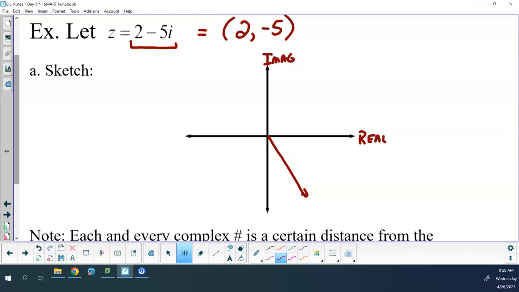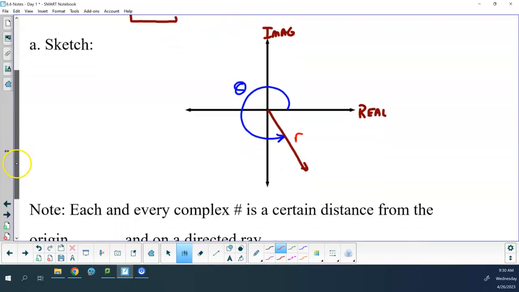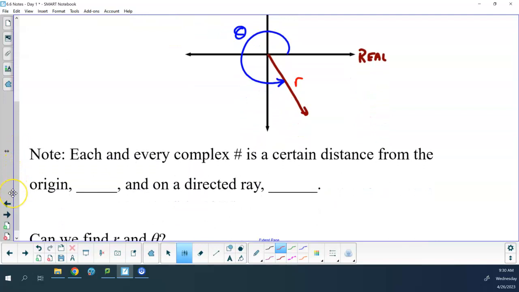Now, if I bring trig into it, I could get here an angle, which we would call theta, and I can get a distance away from the center, the origin, as r. So each and every complex number is a certain distance from the origin.